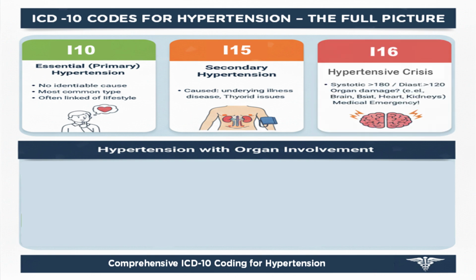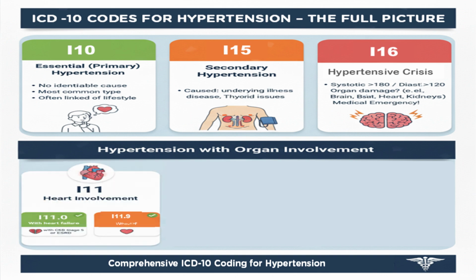When blood pressure spikes dangerously, systolic above 180 or diastolic above 120, it becomes a medical emergency. That's I16, hypertensive crisis. We further divide it into I16.0 hypertensive urgency, no organ damage, I16.1 hypertensive emergency, with organ damage, and I16.9 unspecified crisis.